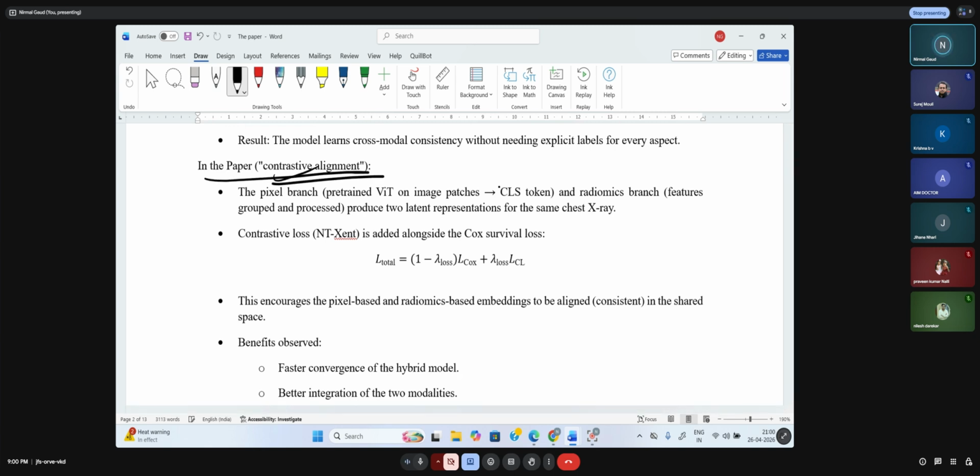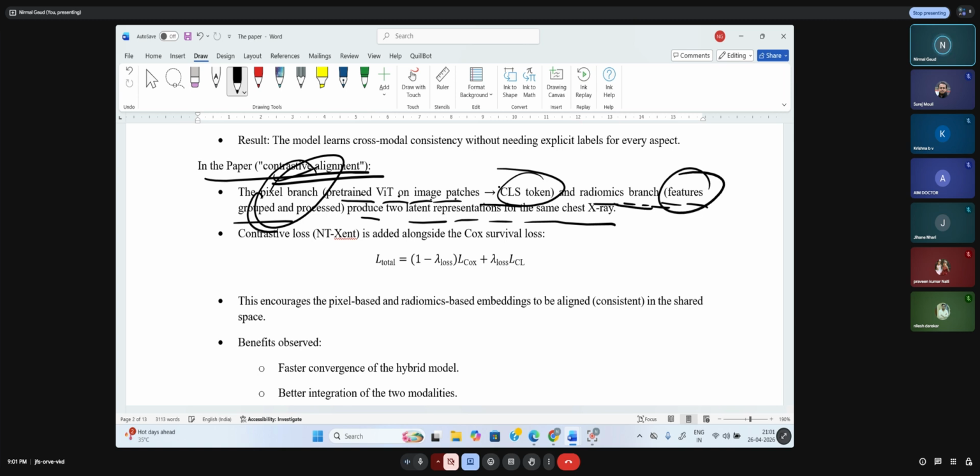Like the pixel branch, a pre-trained ViT on image patches giving the CLS token, and the radiomics branch, with features grouped and pre-processed, produce two latent representations for the same chest X-ray images. So we have a pixel branch, a pre-trained ViT on images giving the CLS, classification token, and a radiomics branch also.